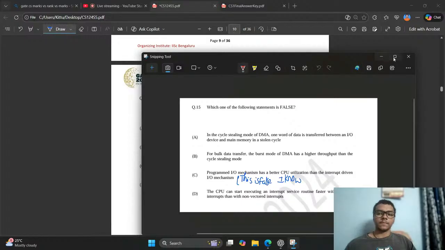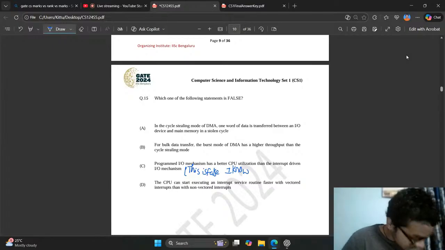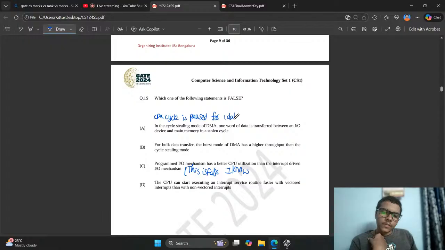Nice, right? That gave me the entire revision of memory organization, to be honest. CPU cycle is paused for one data cycle. For DMA.